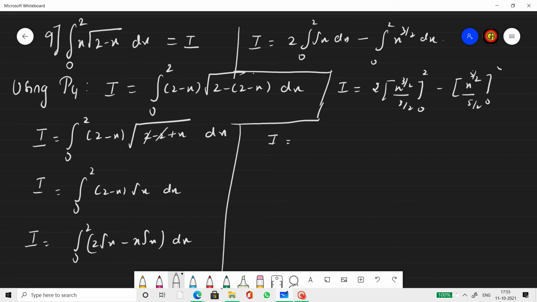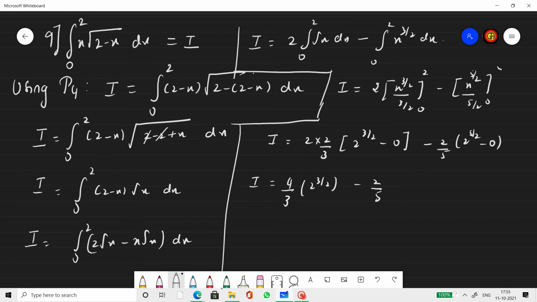I equals 2 into 2/3 into 2^(3/2) minus 0, and then minus 2/5 into 2^(5/2) minus 0. So I equals 4/3 into 2^(3/2) minus 2/5 into 2^(5/2).